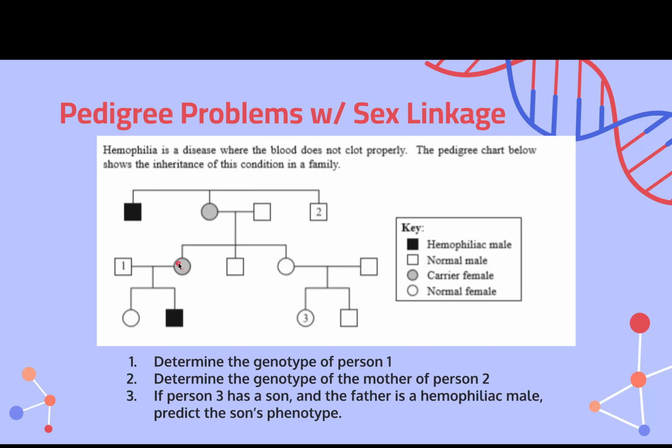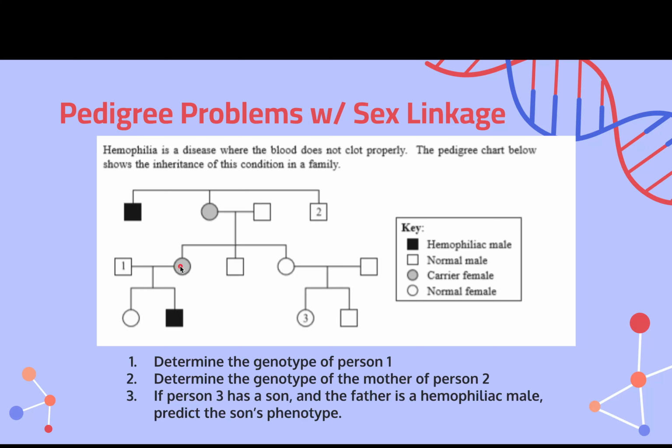Okay, so we know that the mother is a carrier, so the child has a 50-50 chance of getting hemophilia. However, we don't know what the case is with the dad.